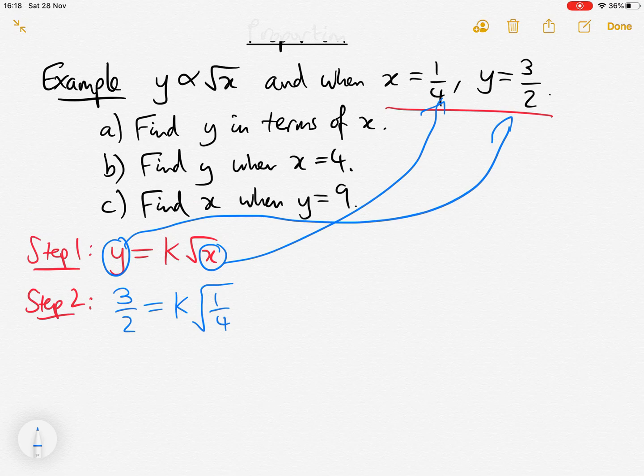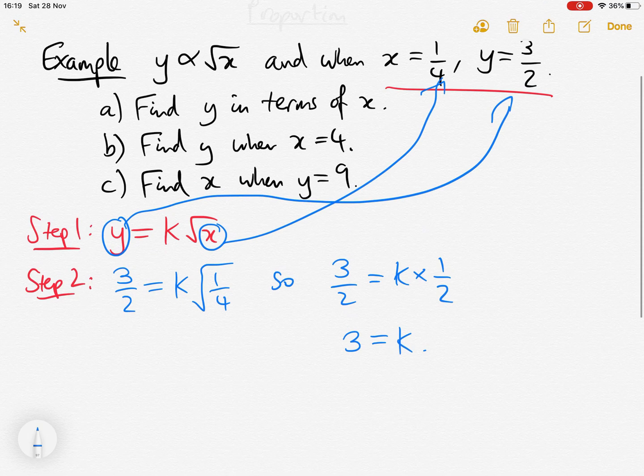It's a half. So we can say 3 over 2 equals k times a half. And then we need to find k, so we need to rearrange this to get k on its own. At the moment, we've got a half k on the right-hand side. So if we times both sides by 2, we'll get 3 equals k. So we worked out that k is 3.